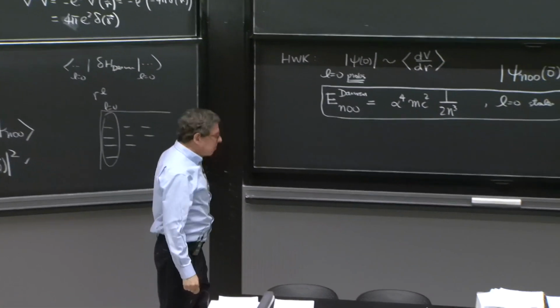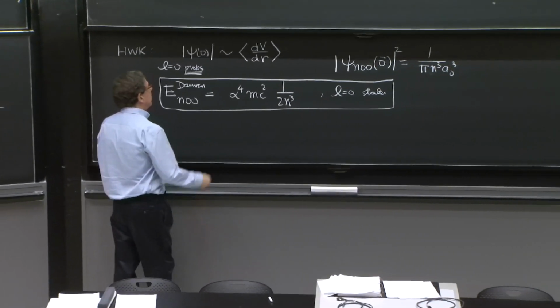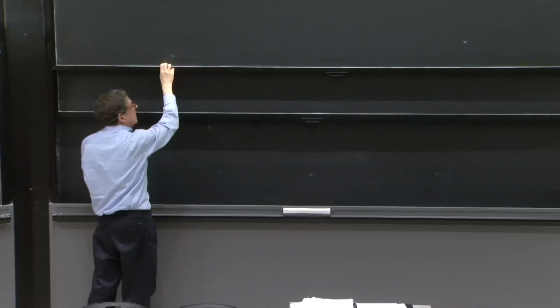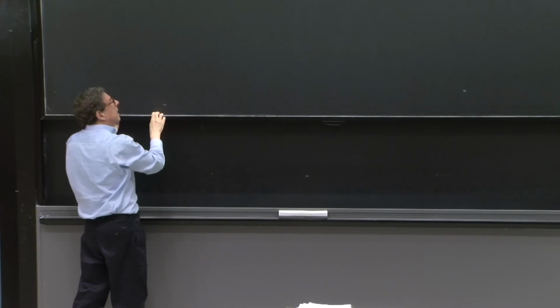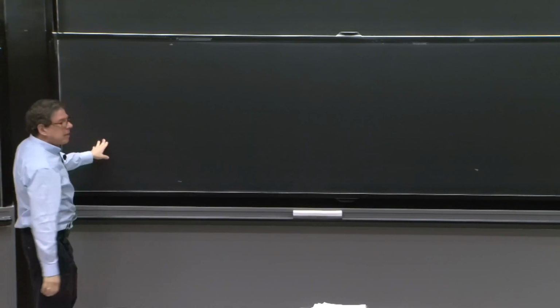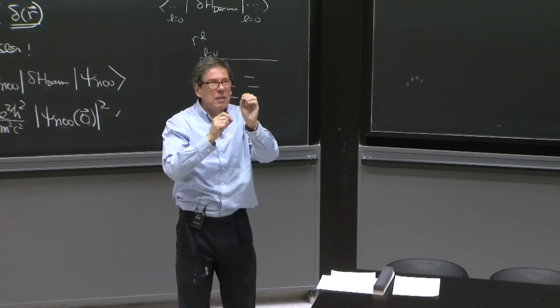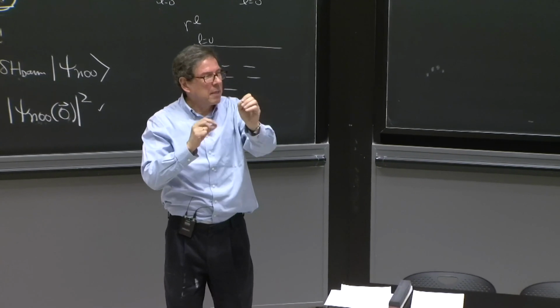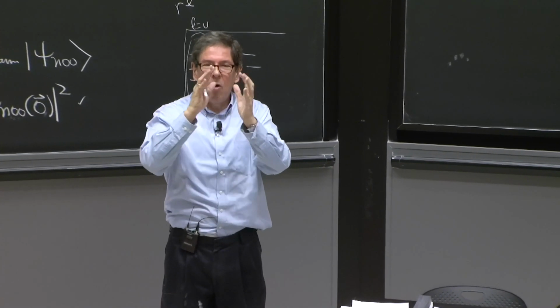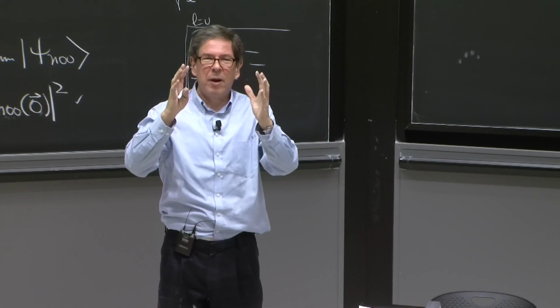So the physics interpretation of the Darwin term is that the electron behaves not as if it would be a point particle, but as if it would be kind of a little ball where the charge is spread out.